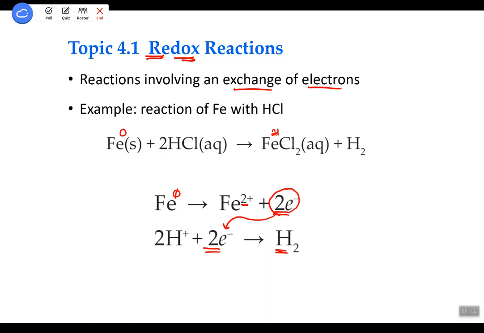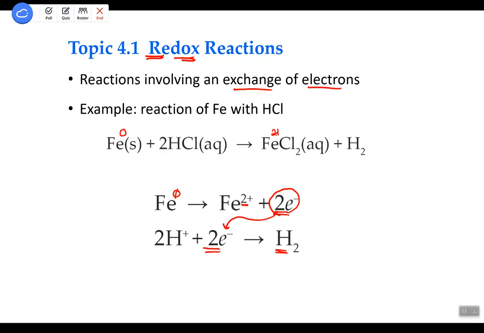In order to be able to design a battery or to figure out if a redox reaction is spontaneous, we need to be able to assign oxidation numbers so that we can figure out what's being oxidized, what's being reduced. We then need to be able to balance these equations to make sure that we have the right amount of reactant or the right amount of product to make that battery last as long as we want it to, or to be able to produce the amount of products that we want through electrolysis.